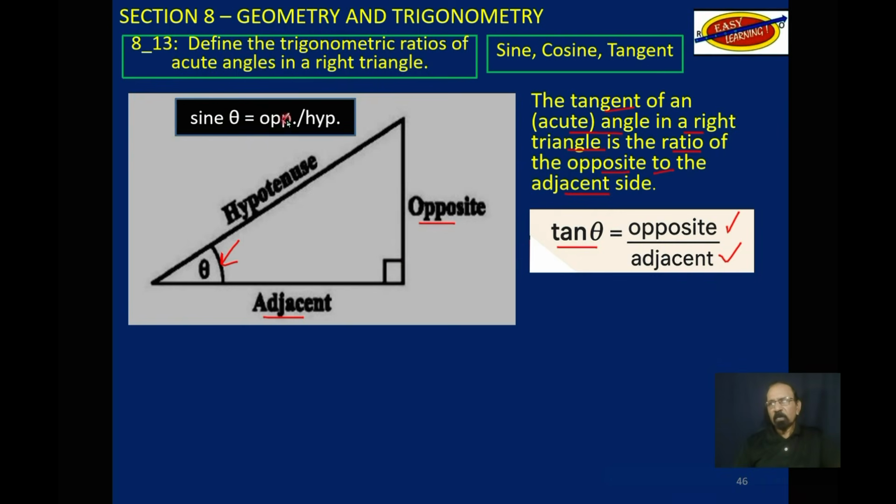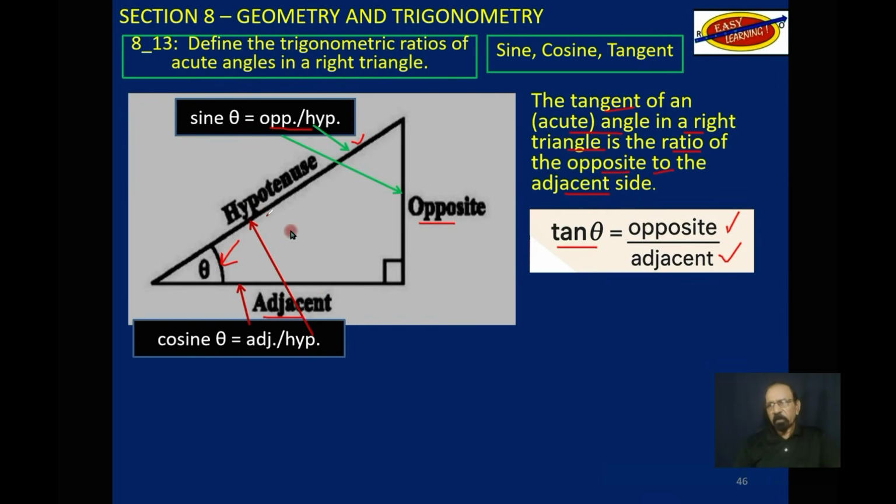Now, sine theta was opposite to hypotenuse. That is to say, we were dealing with opposite here and hypotenuse there. Cosine theta, we were dealing with adjacent here and hypotenuse there. Now, in this case, tangent, we are not dealing with the hypotenuse at all.